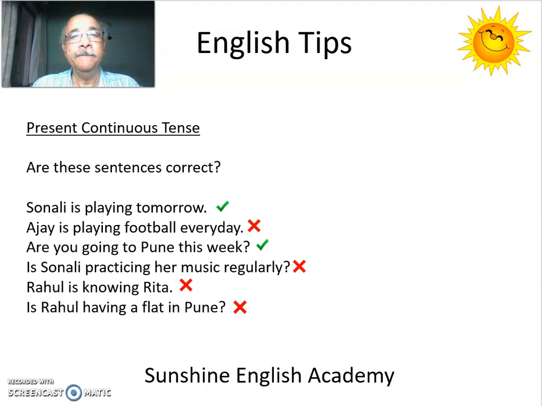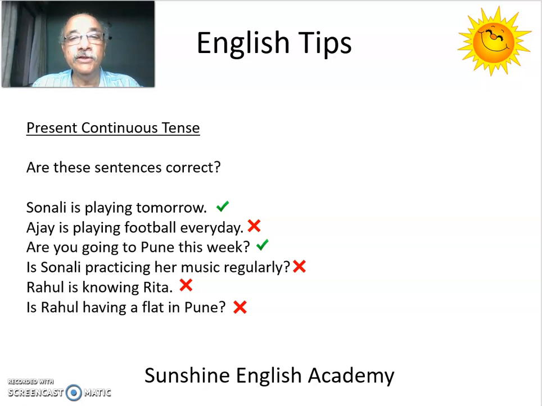The next one, Ajay is playing football every day. This is incorrect. Now, here in this sentence, every day is an adverb of frequency. Whenever we have these adverbs of frequencies in the sentence, we can't use the present continuous tense.